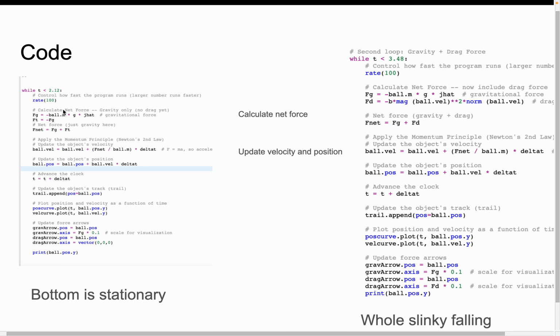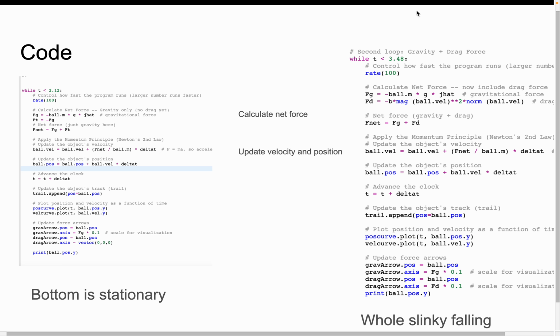In the first part, I calculated the net force, which is the gravitational force and the tension force from the top of the slinky, the stretched out part, on the bottom of the slinky. Using that, I updated the velocity and updated the position until it reached the point where the top had fully compressed. And that's when I switched to this loop, which is the whole slinky compressed and falling.